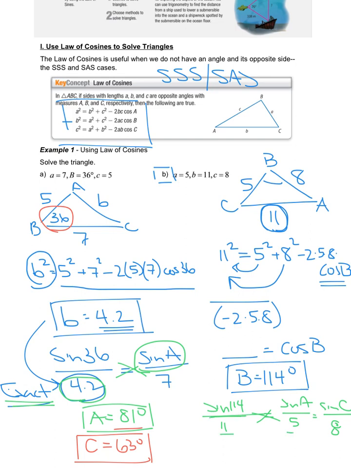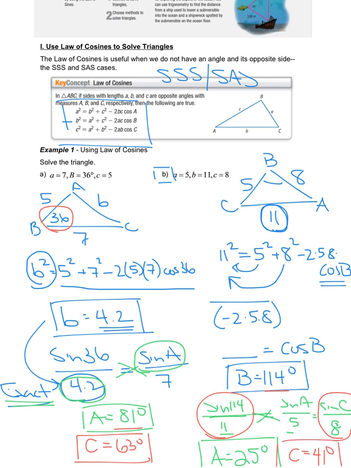We divide by 11, and we take the sine inverse. And we get approximately 25 degrees, which then, in this case, I can either do law of sines again with my last ratio and my original, or I can just do simple subtraction, and we find out that our angle needs to be 41 degrees.